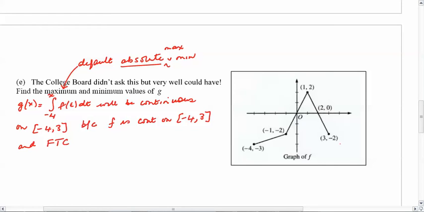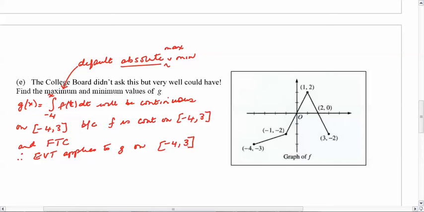Any function that's made in this fashion with an integral from a constant to x of f of t dt, where all you have to say about f is that it's continuous. So we know that G is continuous, therefore the EVT applies to G on -4 to 3.